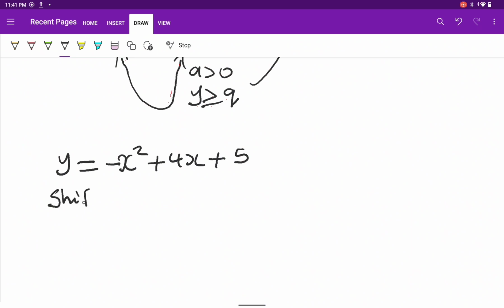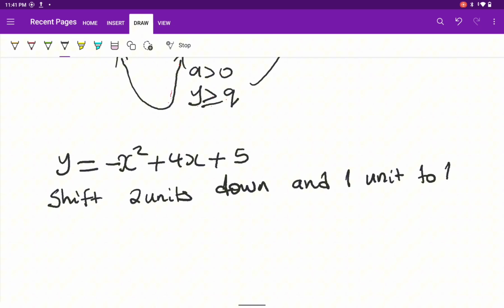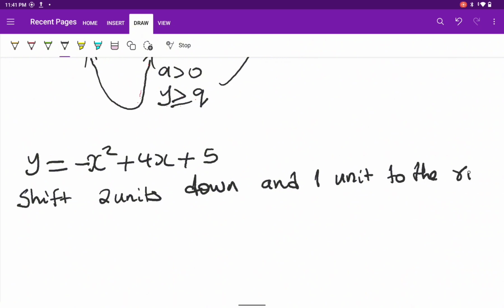We want to shift the graph, let's say, 2 units down and 1 unit to the right. Let's say we are going 1 unit to the right.